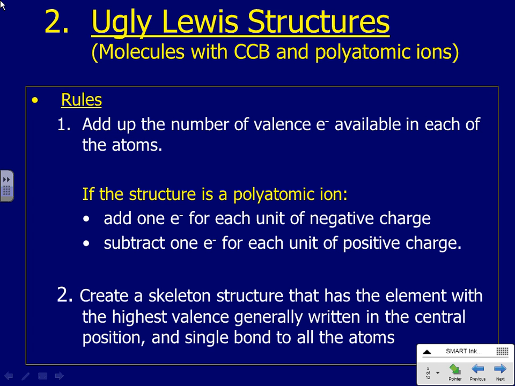That's the essence of that rule. Just like when we were doing Lewis diagrams of ionic compounds, I said one of the most important things is that the number of electrons you have at the end is equal to the number of electrons that you have at the beginning. And that's what we're doing in rule number 1. We're totaling up our electrons.